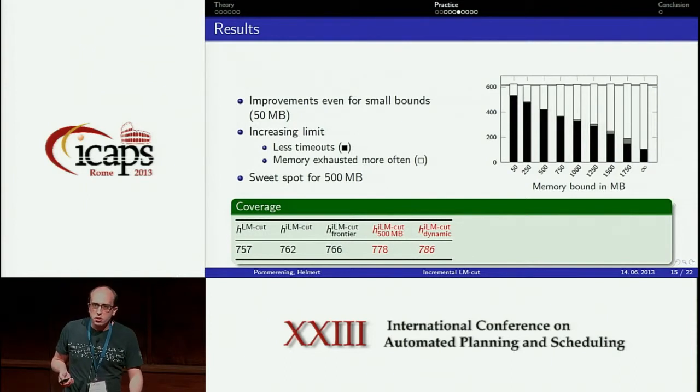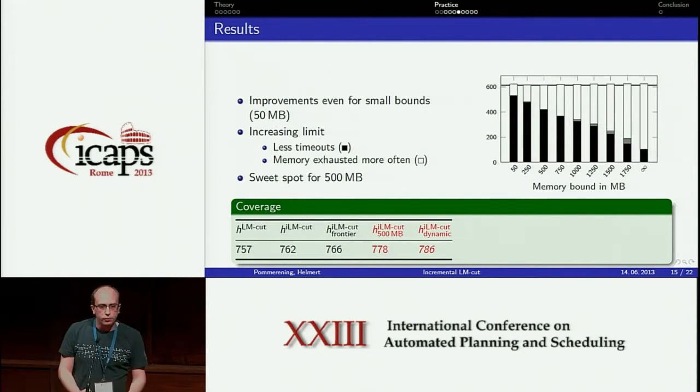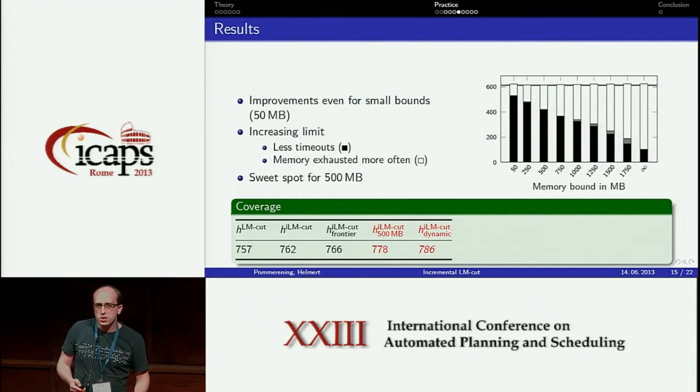But something that is a bit harder to see because of the scale of the graph is that the total number of errors actually has a U form here, with an optimum of 500 megabytes in this case. So coverage overall increases again, and with a dynamic bound we estimate that we could get an even higher coverage.